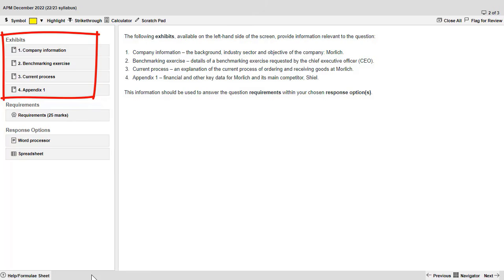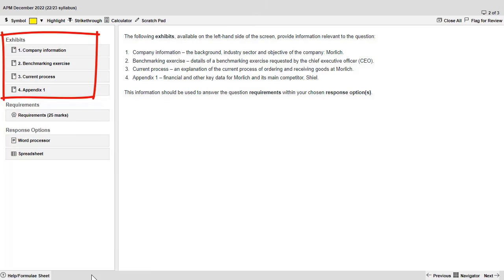We've learned about their mission to maximize shareholder wealth and their secondary aims, quality, being the best. We learned about the competitive industry and the increasing spend on advertising and the importance of knowledgeable employees. Then we learned about the request for the benchmarking exercise.